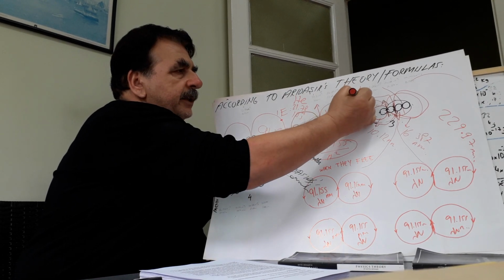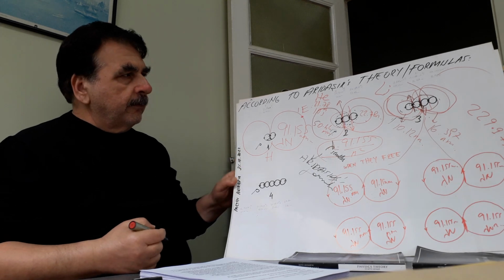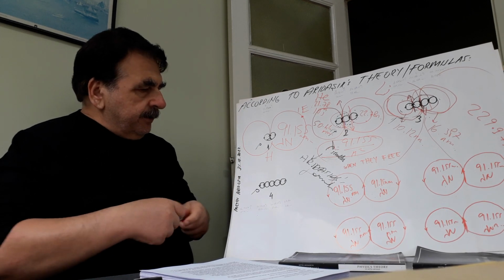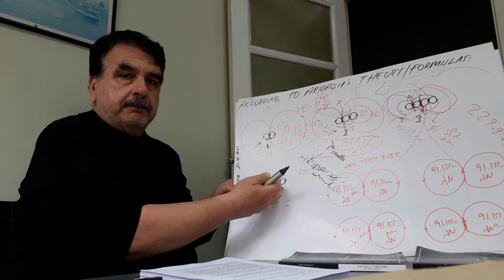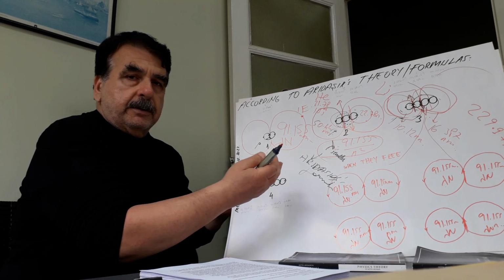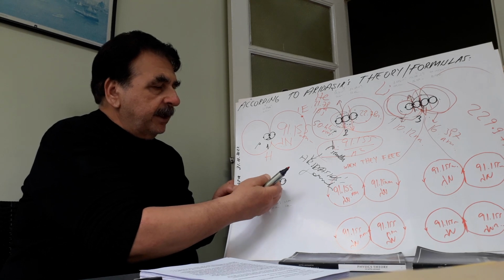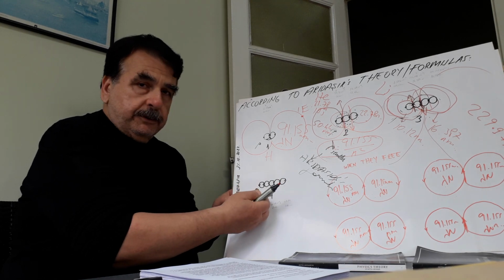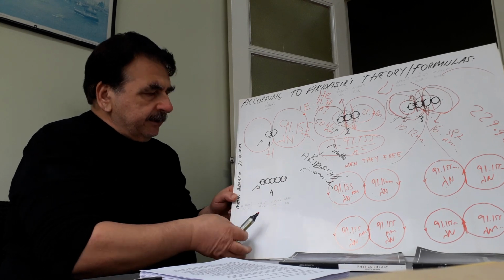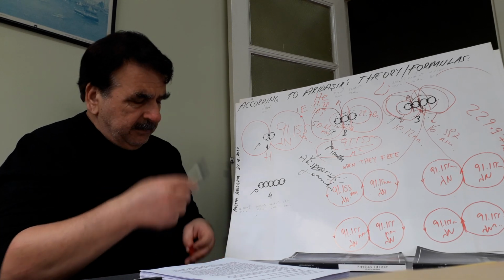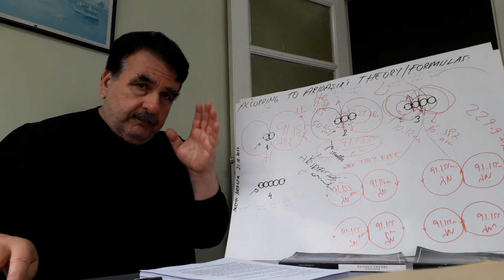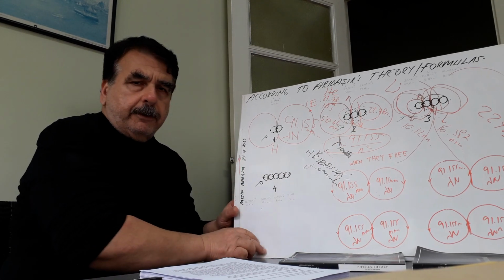This is a lithium atom. Okay. This is if these three electron motion forms come, meet, encounter and connect with these four protons. This will be what? Beryllium, I guess, beryllium atom. So on and so forth.